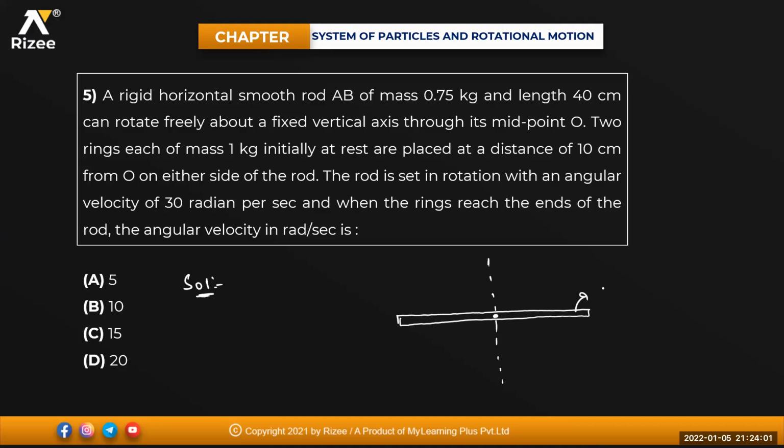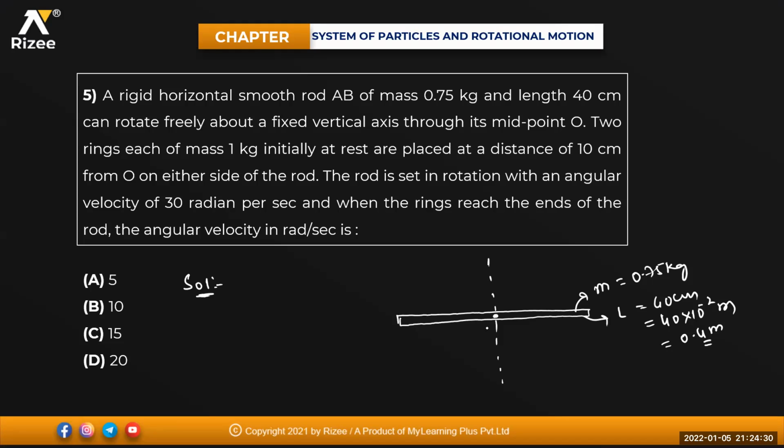Mass of this rod is m equals 0.75 kg. Length is capital L equals 40 centimeters, that means 40 into 10 to the power of minus 2 meters. That will be 0.4 meters.